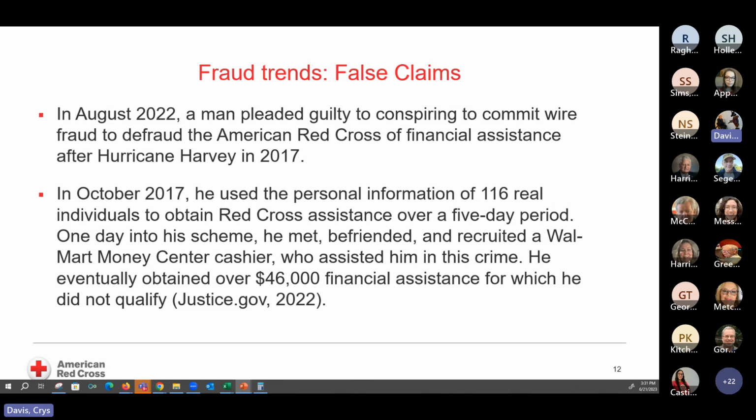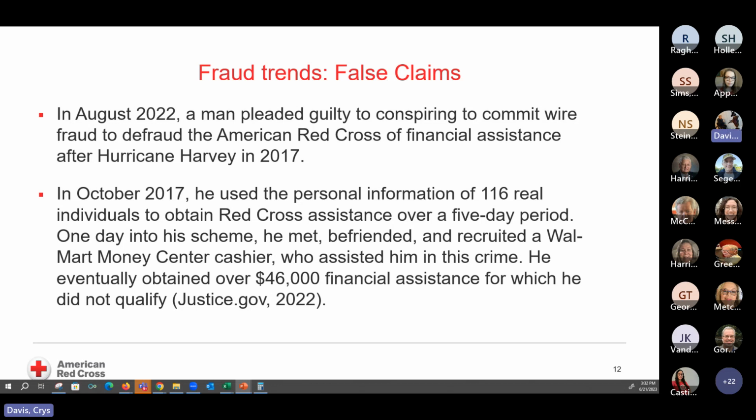So if you're going through fraud investigation and are going, oh my gosh, why is this taking forever? Sometimes they take time. We are still getting restitution from folks that defrauded the American Red Cross after 9/11. So, long time.